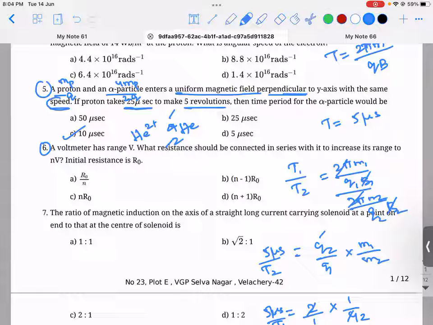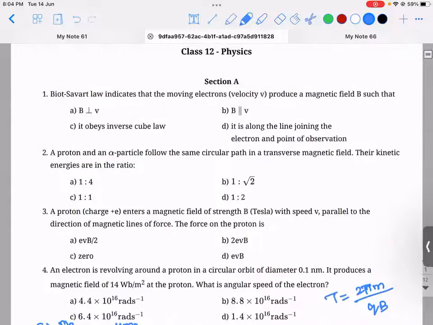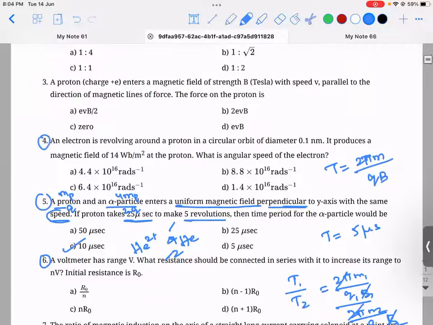Another question, with the diameter 0.1 nanometer, find the angular speed. The fourth one. The electrostatic force gives the centripetal force. v is r omega.